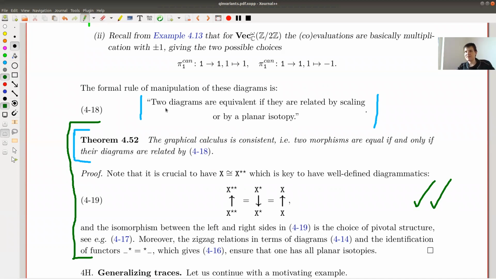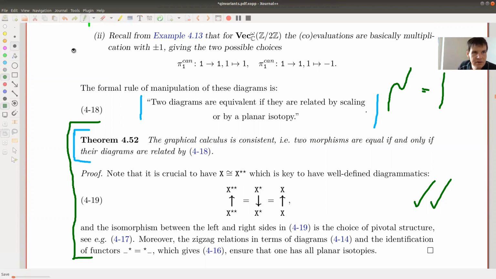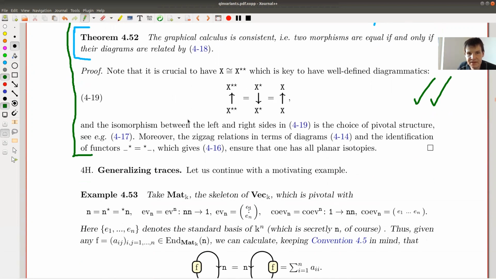Planar isotopies basically determine whether two morphisms are the same or not. And it was this concept of duality, because duality corresponds to having cups and caps. And my favorite diagram, which I always like to draw, is this one. It's kind of the blueprint example, the prototypical example of a planar isotopy. Okay, very good.